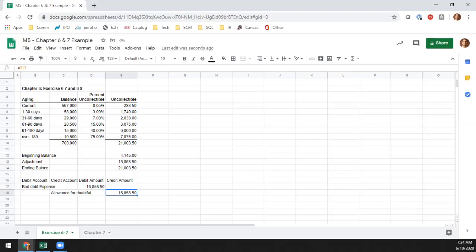This ties in really well with your problem 6-1 homework, and this information is going to be on the test as well. So it will be good for you to set up a table just like this, and of course make sure you're using formulas.